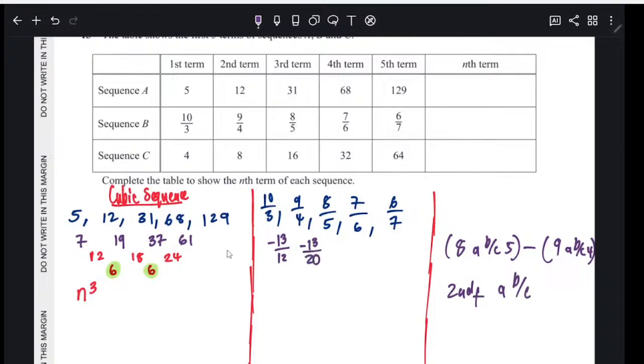Negative 13 over 20. Okay. Then do the next one. For here, say 7 over 6 minus 8 over 5.